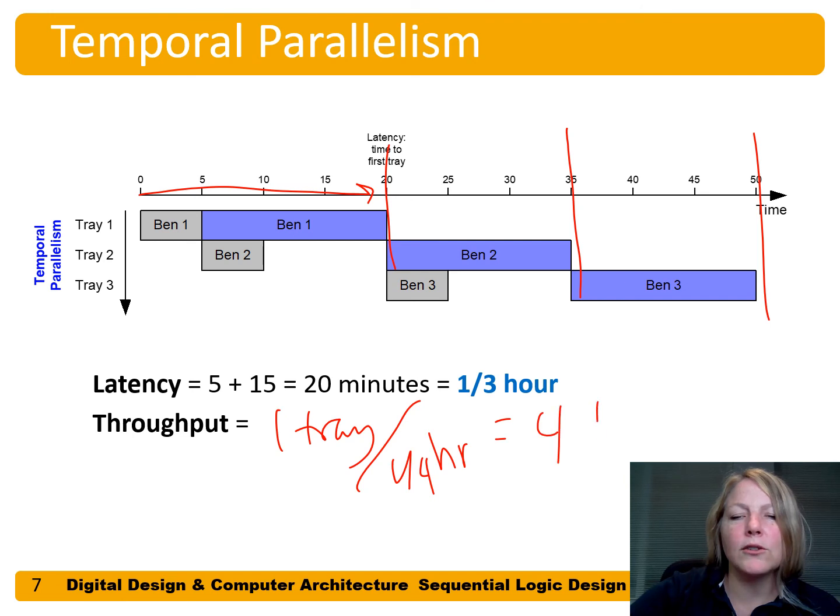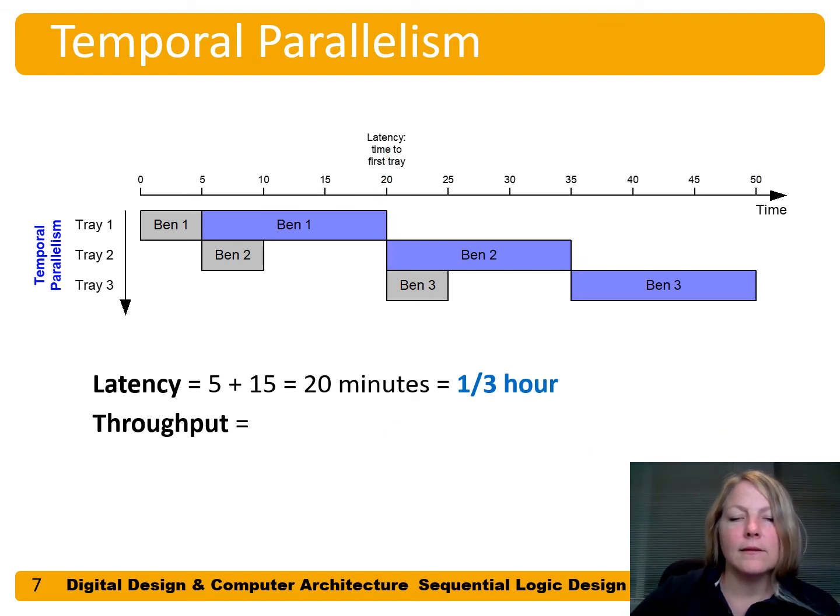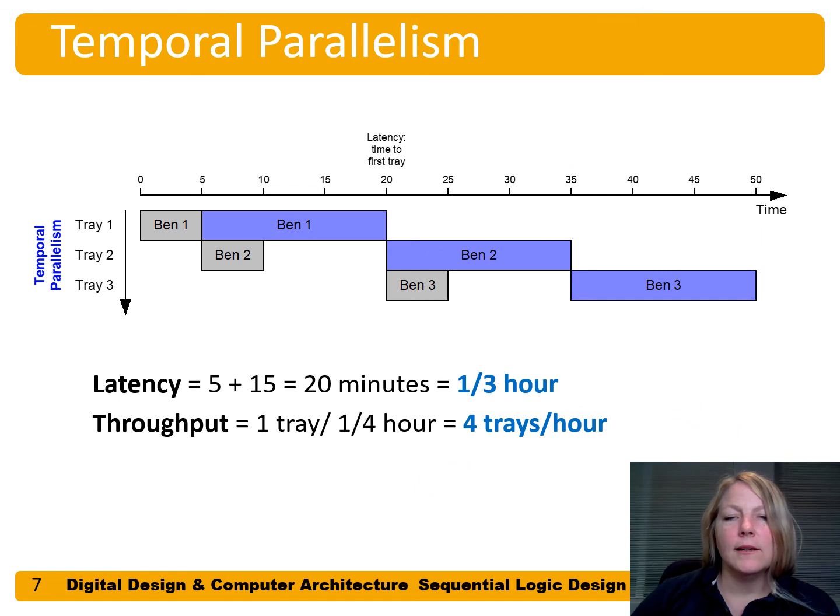That's going to be 4 trays of cookies per hour. Now, if we employed both methods, temporal and spatial parallelism, so he and Alyssa both use temporal parallelism, the throughput would be 8 trays per hour.